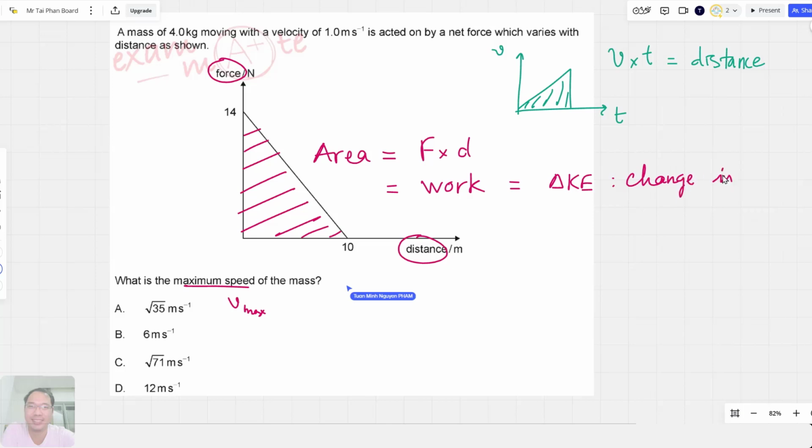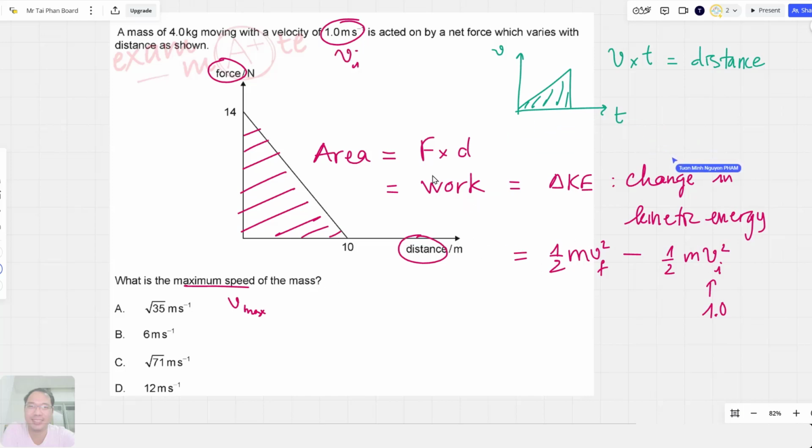Which means the final kinetic energy, 1/2 m v final squared, minus the initial kinetic energy, 1/2 m v initial squared. But what is the initial? Here, the initial velocity is 1 meter per second.